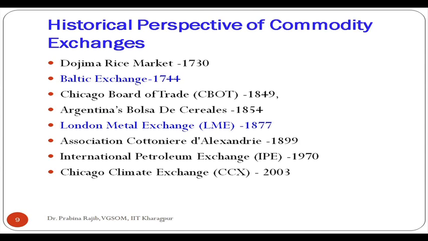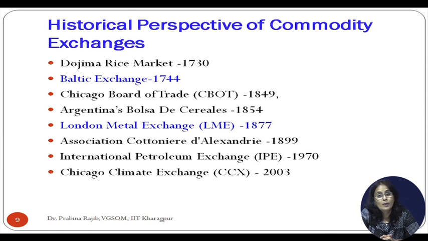So to summarize what we discussed till now, spot exchanges are exchanges, or markets, where buyers and sellers come to an online e-auction platform for trading the commodity for immediate delivery.